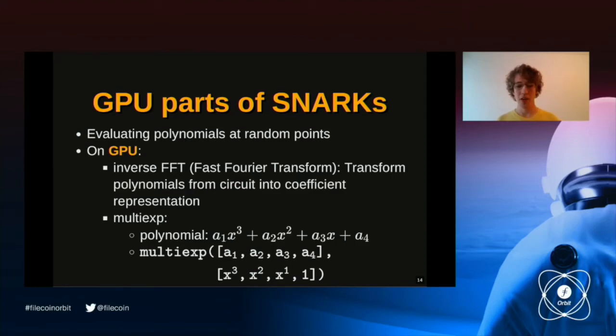So here I've put the function call. You put in the coefficients and you put in the x. Those are then really concrete values and not variables anymore. And then you do this calculation in one big step on the GPU and you get the result back.